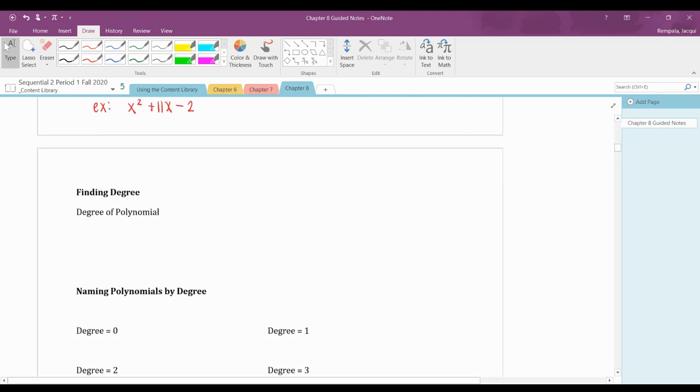All right, so if we continue looking at some vocabulary, we're also going to be asked about degrees. So let's talk about the degree of a polynomial. This is going to be the highest degree of its terms.